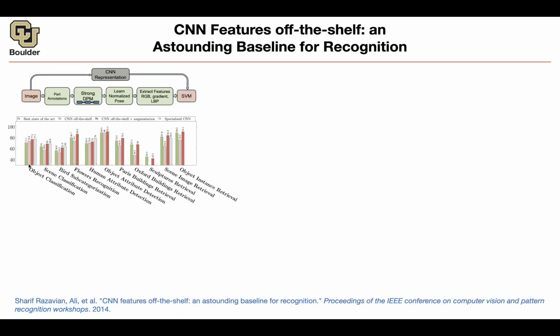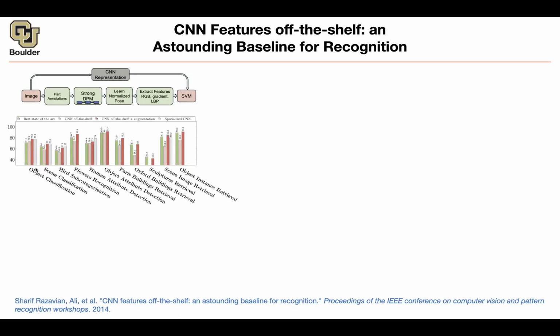And what are these vertical bars? This is the best previously reported state of the art. The green ones, CNN features off the shelf, is this paper. Sometimes it is better, sometimes it is worse, but it is competitive with doing all of this hard work. Then you can have CNN off the shelf features plus some data augmentation, and you can get a little bit of boost out of data augmentation.